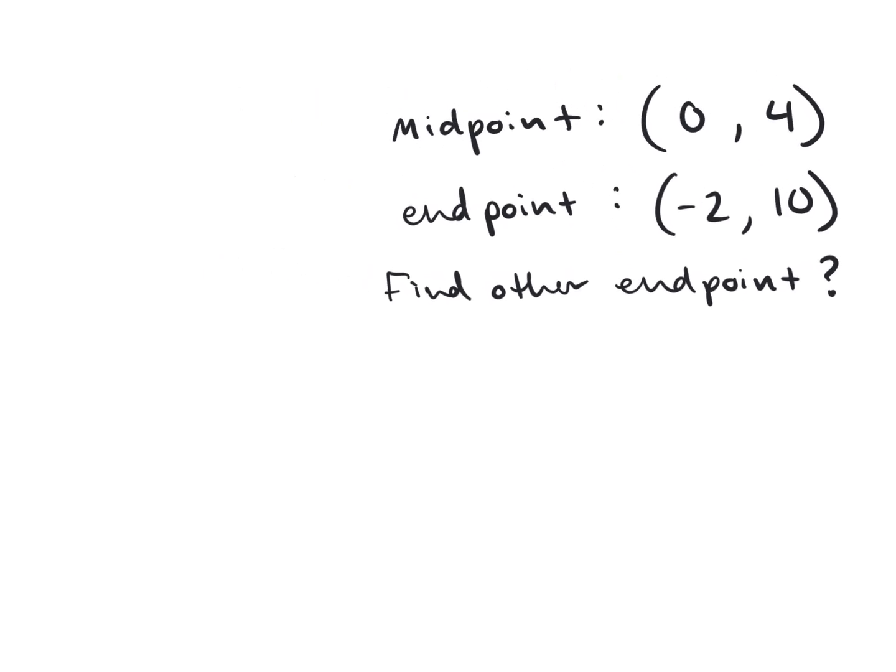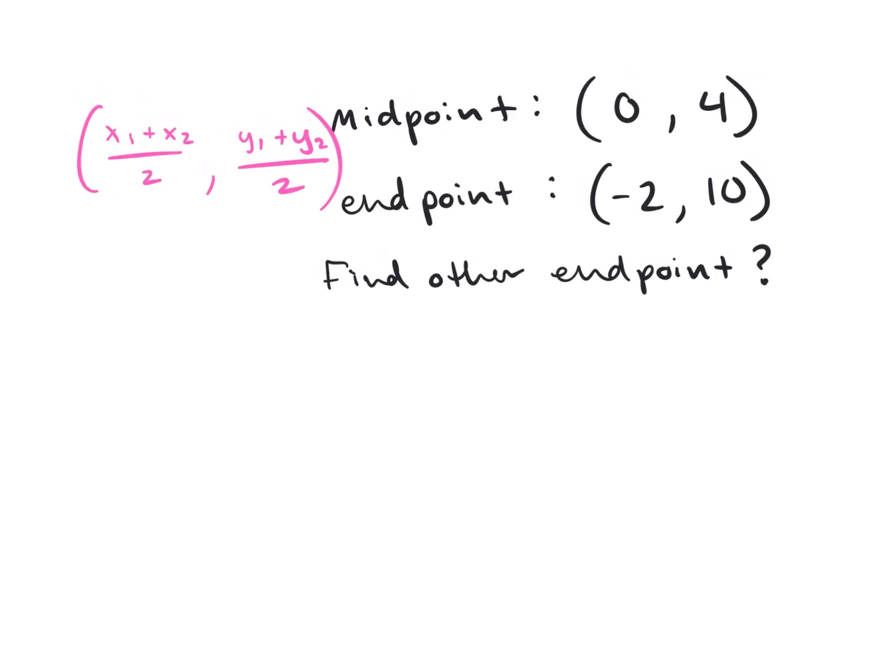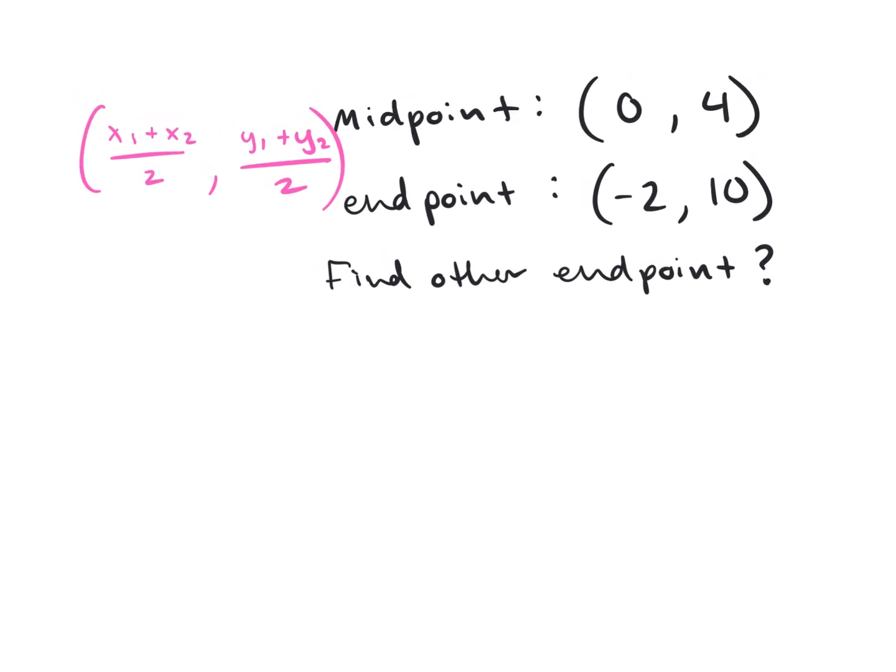So our formula, I'll write it here for us, is (x1 plus x2 over 2, comma, y1 plus y2 over 2). No, because the x's aren't going to be the same distance as the y's. So we're going to use the midpoint formula. I'm going to find first my endpoint for the x.